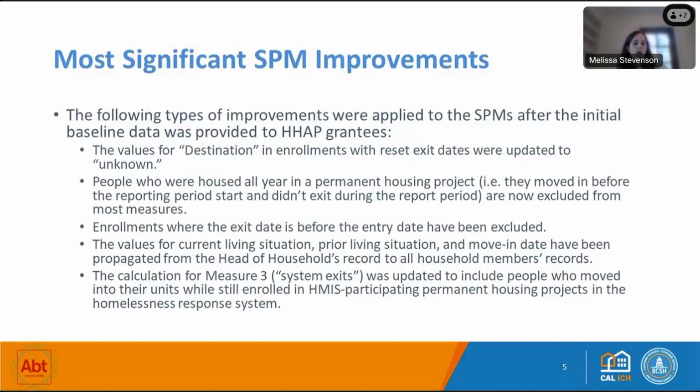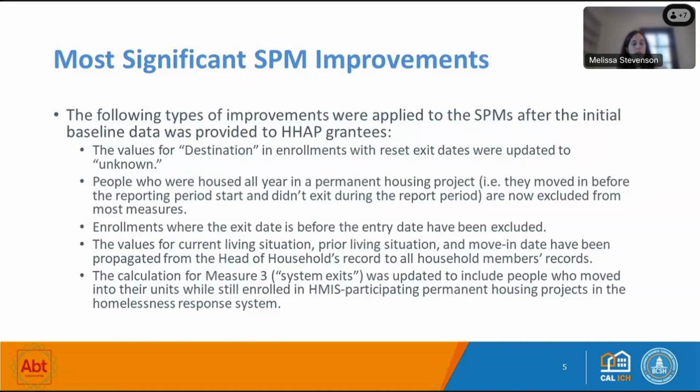So now the code for the SPMs has been updated so that for all the household members we're now using the current living situation, prior living situation, and any housing move-in dates, if any, for that head of household. So you'll see some improvements in the data there.